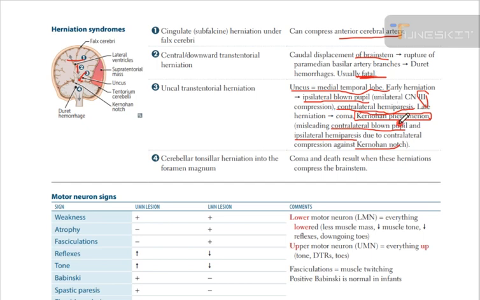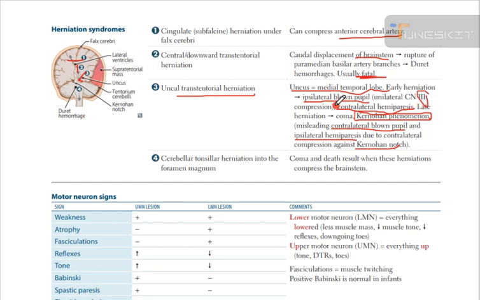To understand this, you can see the pathway of the third cranial nerve as it leaves the midbrain and travels along the free edge of the tentorium. In transtentorial herniation, the uncal process, part of the medial temporal lobe, exerts pressure on cranial nerve 3.